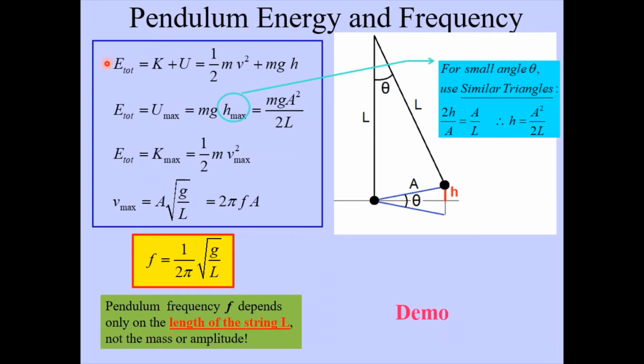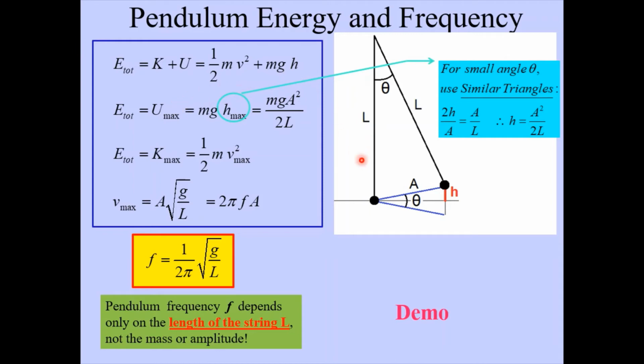Basically, though, the main idea is that the total energy of a pendulum is due to two things. It has kinetic energy, K, which is 1/2 mv squared, and it has potential energy, not due to a spring, but due to gravity, because the pendulum swings up in the air. So this U term here is gravitational potential energy, which remember is mgh.